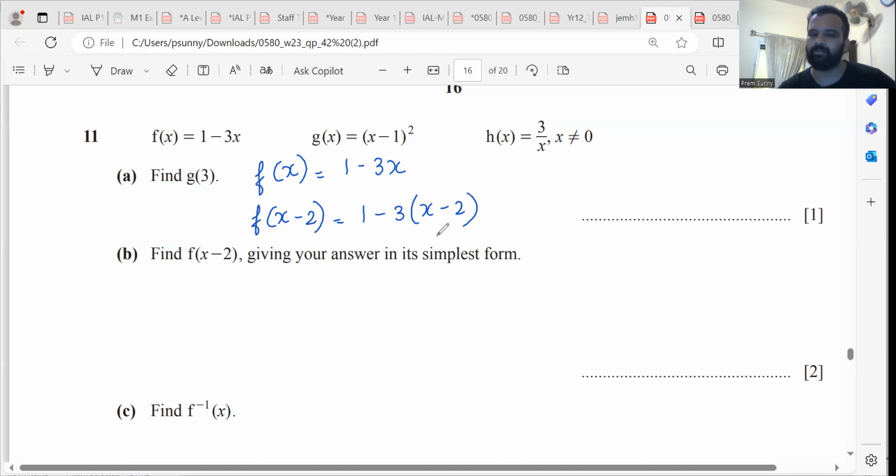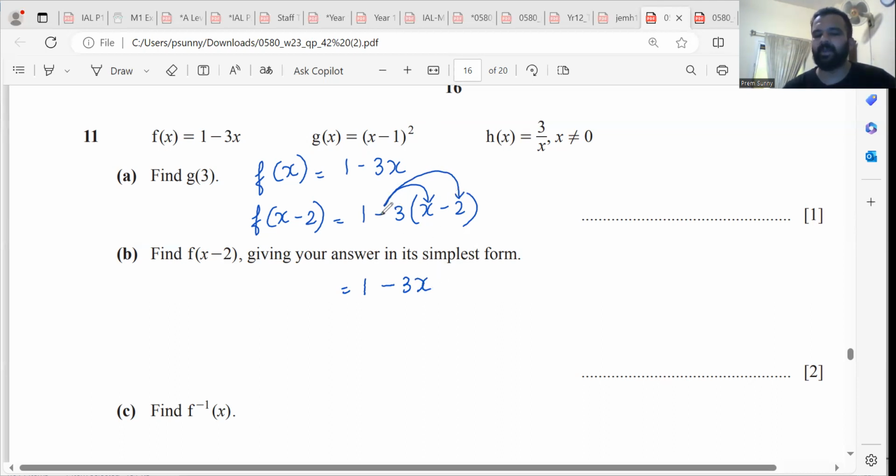Now, we know how to expand the bracket. If we have a bracket and a number outside, this number should be multiplied with all the terms inside the bracket. That is, minus 3 should be multiplied with x, and minus 3 should be multiplied with minus 2. So this will become 1 minus 3x.